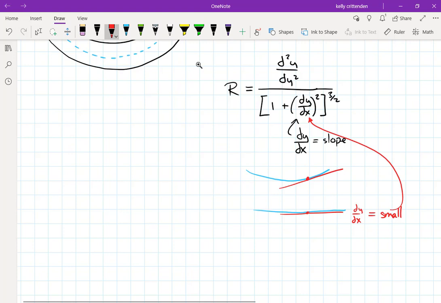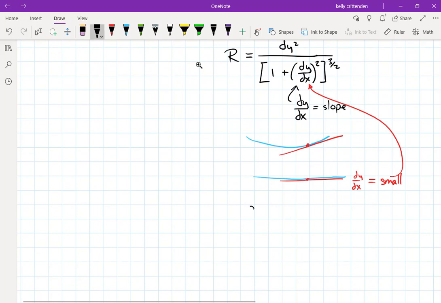Then I raise 1 point whatever 0000 number I have to the 3/2 power, it's pretty much just 1. So once I make this assumption that for beams in bending, dy/dx is small, then this equation says that the denominator basically is just 1.